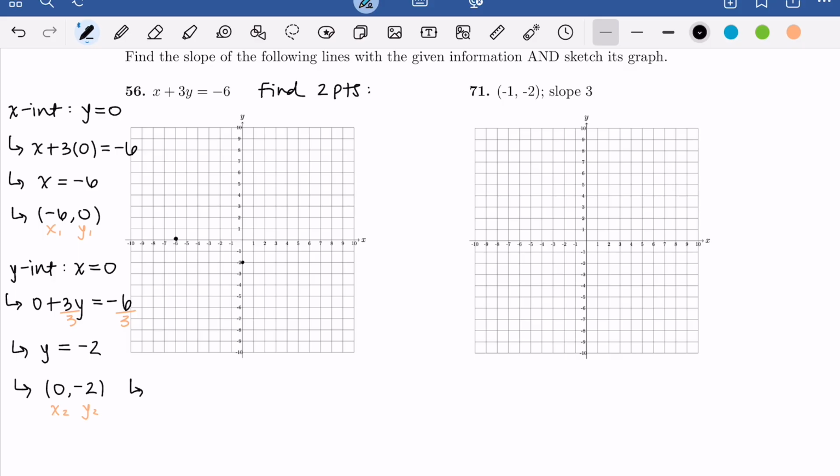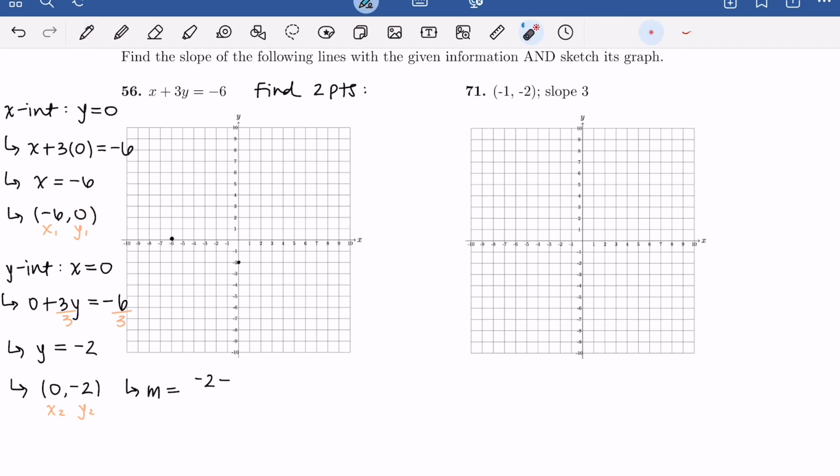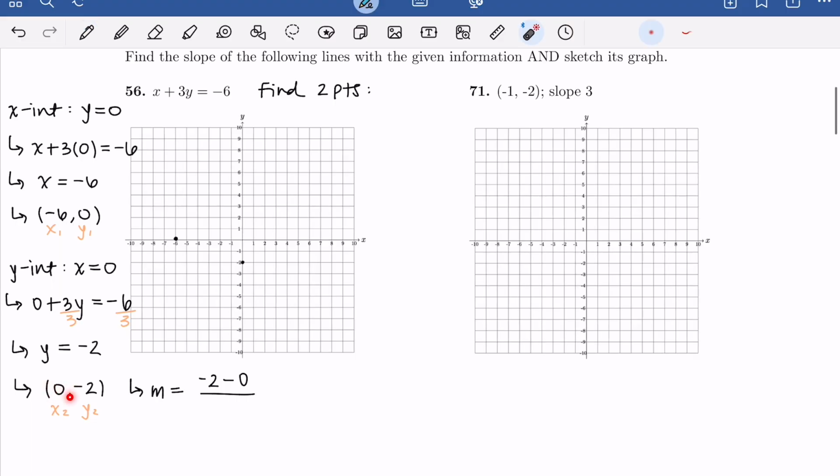So again, we know that m is going to be the difference between our y values divided by the difference between our x values. So if this is y2, this is going to be negative 2 minus y1, which is 0, divided by x sub 2, which is 0, minus x sub 1, which is negative 6. So we're minusing a negative 6.